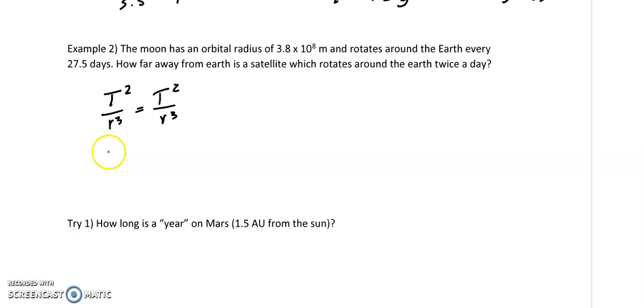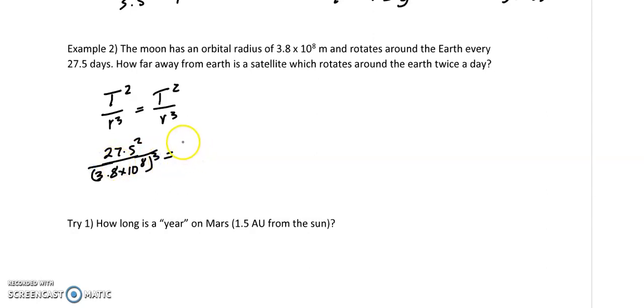Now in this case, first of all, we're given the period of the moon, 27.5 days, and so we'll square that. And the distance, it is the average distance anyway, is 3.8 times 10 to the 8, and we're going to cube that.